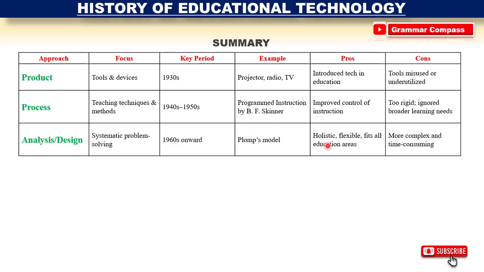Advantages are that this particular approach is holistic. It involves everything in the educational sector. It is flexible and it fits all educational areas. But one problem is that it is complex and it takes time. This is a brief summary of the history of educational technology.